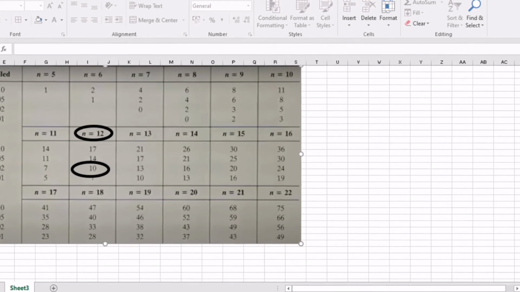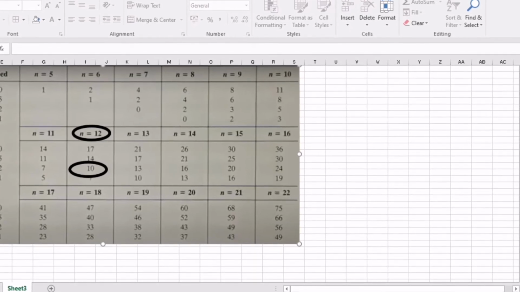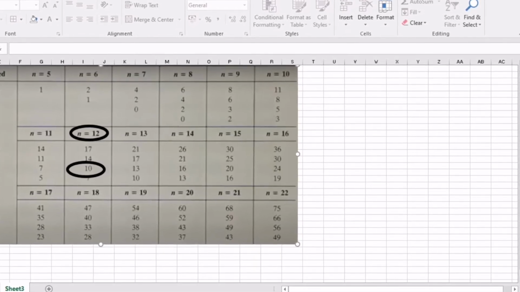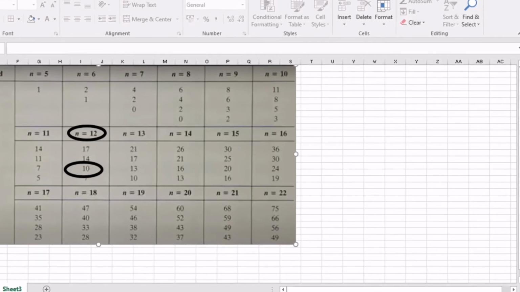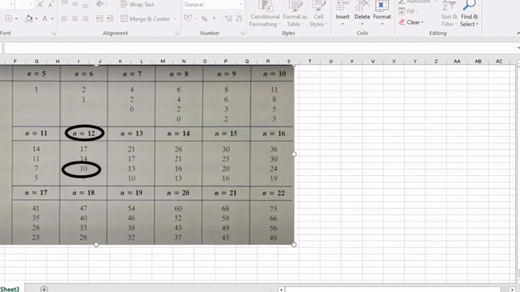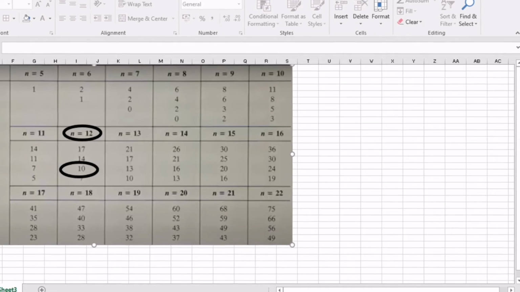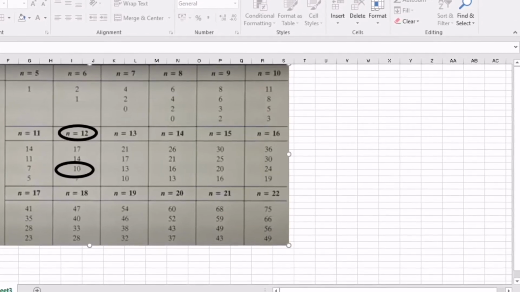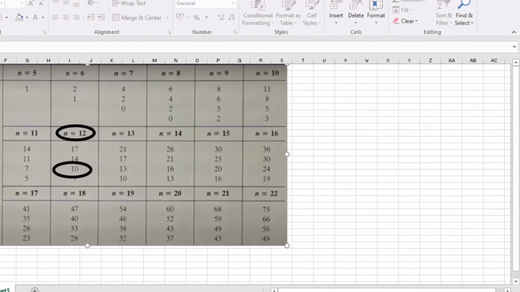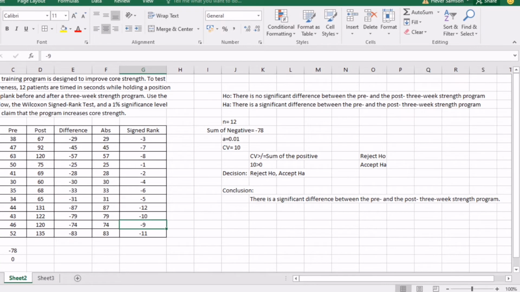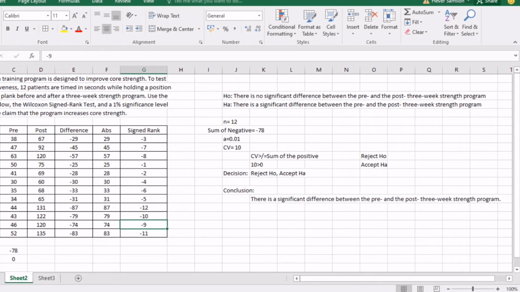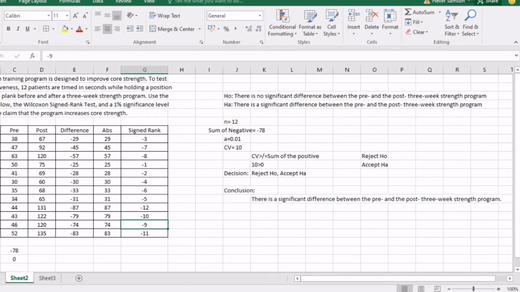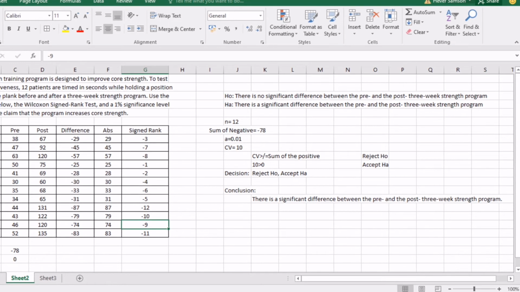The number of patients is 12, the sum of the negative is negative 78, the alpha or significance level is 0.01, that is 1%, and the critical value 10 we got from this table for the critical value. This is the 12, and with alpha 0.01, the value corresponding to it is 10. So this is the critical value 10.